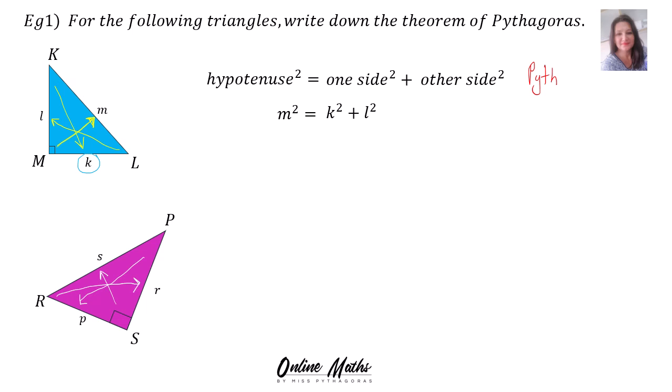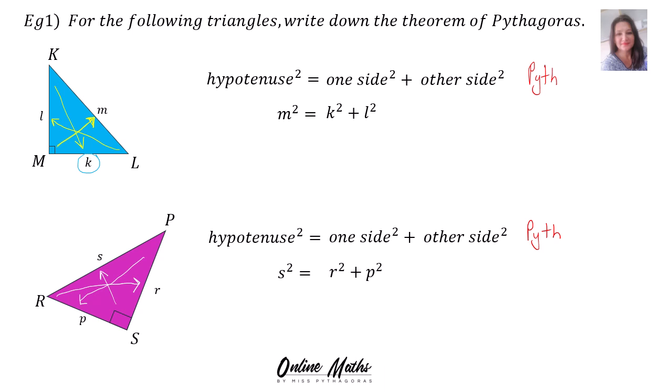So the theorem of Pythagoras, we can write it as always hypotenuse squared is equal to one side squared plus the other side squared, and we add Pythag. And then in terms of this triangle, we will say little s squared, the hypotenuse, is equal to r squared plus p squared.